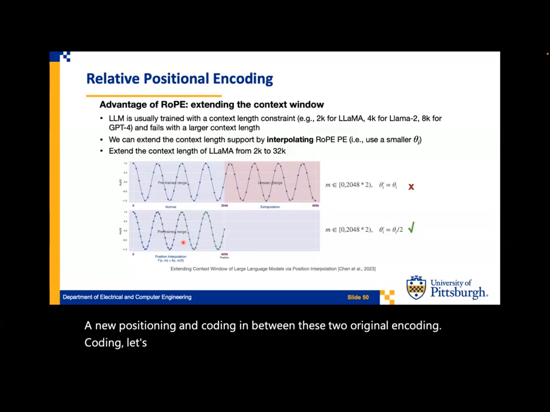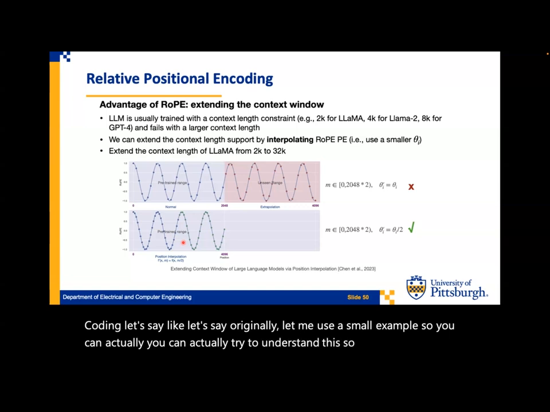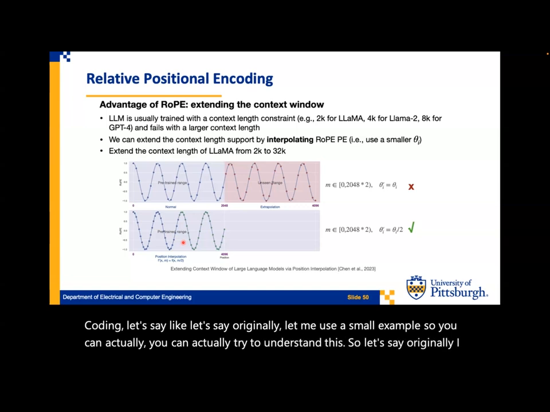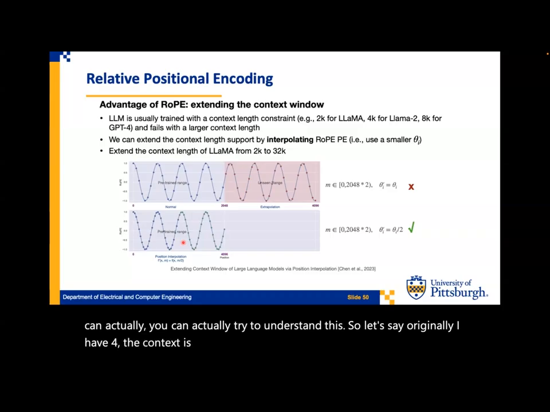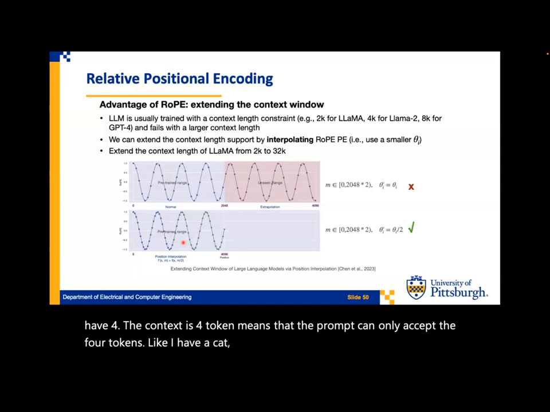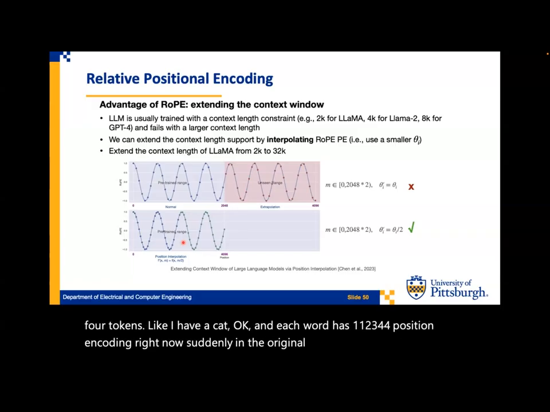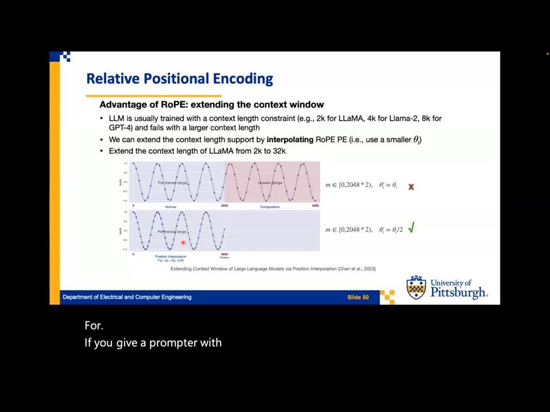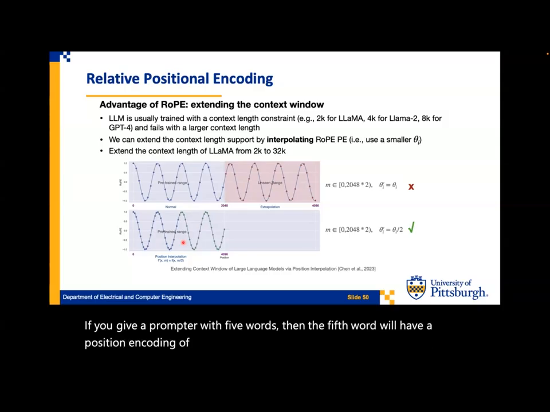Let me use a small example so you can understand this. Let's say originally the context is 4 tokens, meaning the prompt can only accept 4 tokens, like "I have a cat". Each word has position encoding 1, 2, 3, 4. Now, in the original absolute encoding, if you give a prompt with 5 words, the 5th word will have a position encoding of 5, and the model will crash because it was never trained on that.